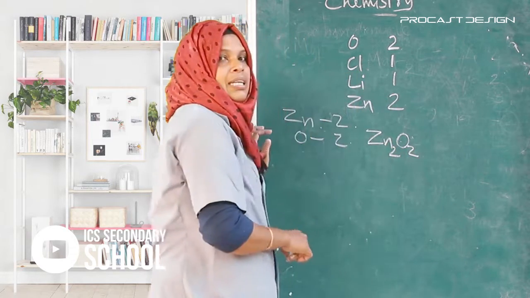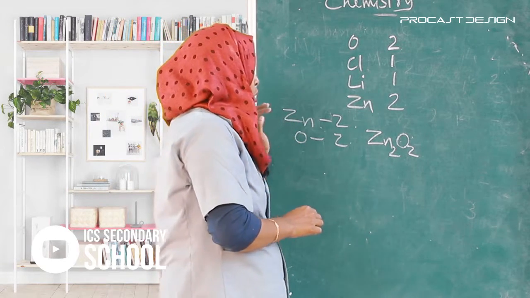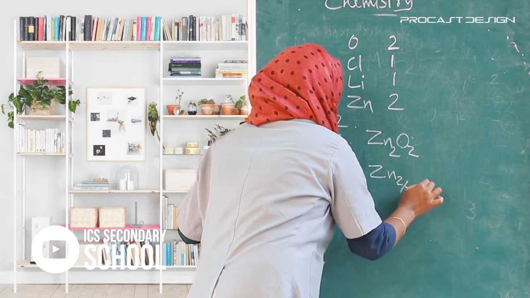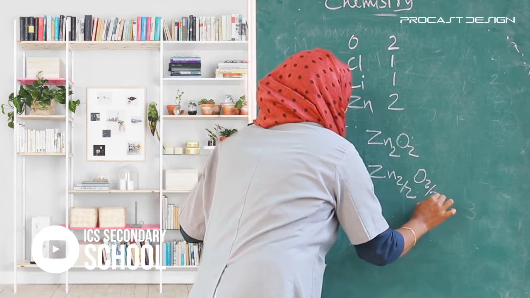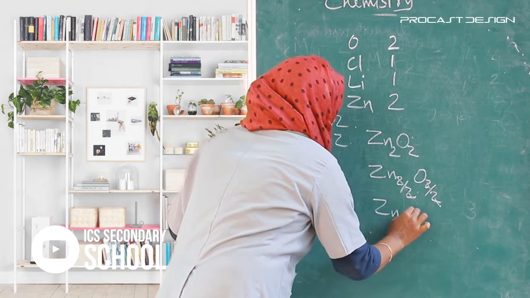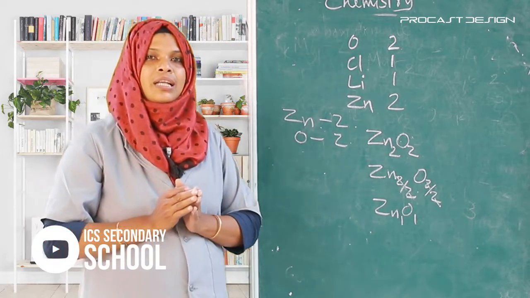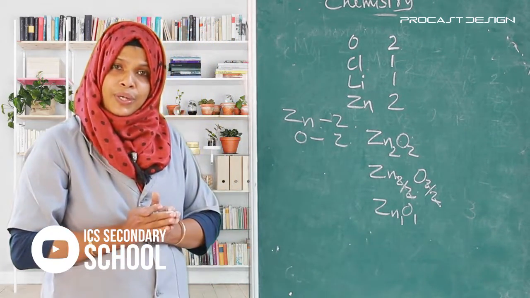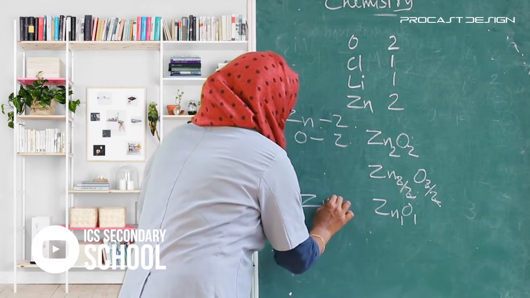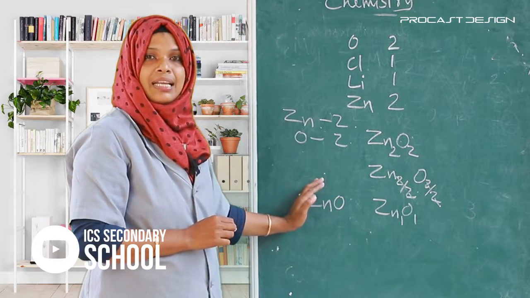Divide by a common factor: 2 by 2 cancels, Zn1 O1. If there is a 1, it need not be written. So its chemical formula is ZnO.